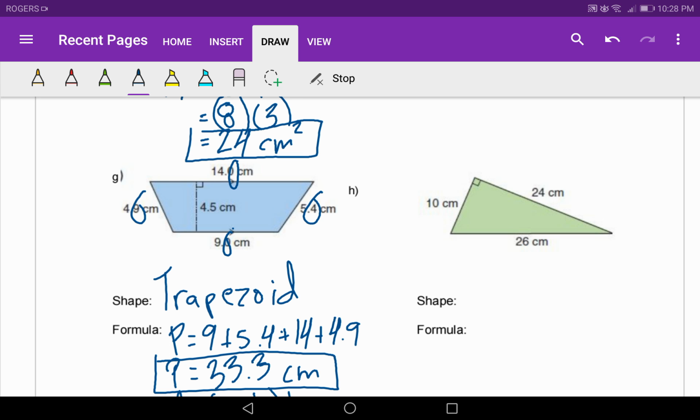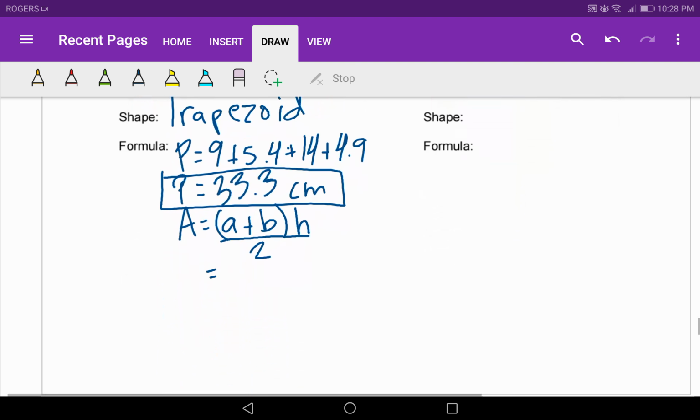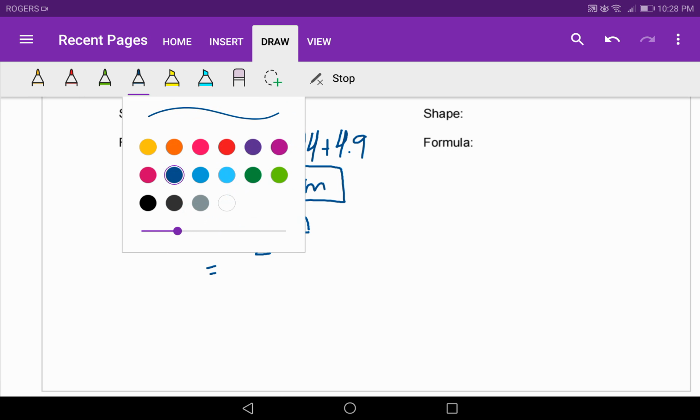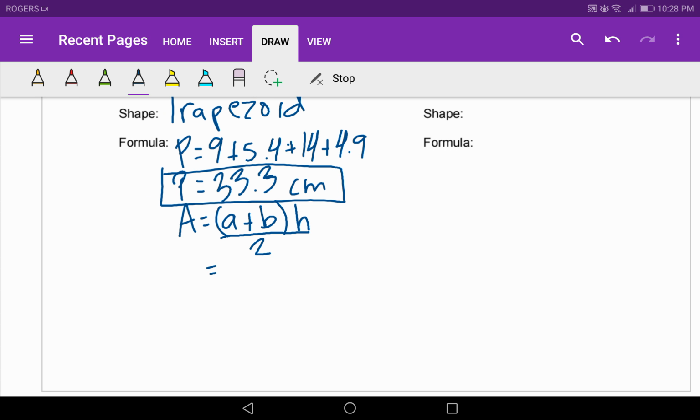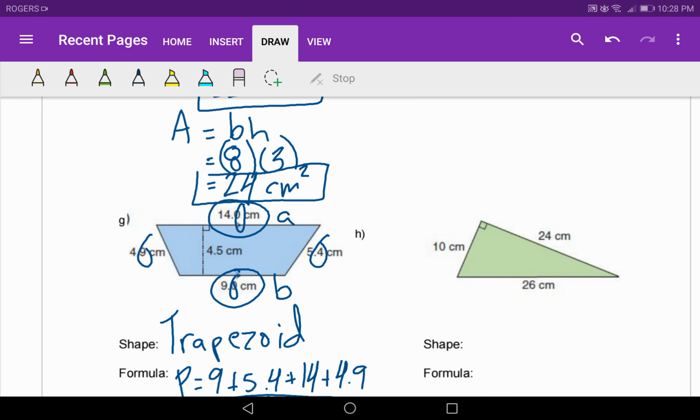Let's call this B, and let's call this A. It's your base and then the top. So we have 14 plus 9, times h. What is my h? Let's go back here. It is 4.5. That's my height.